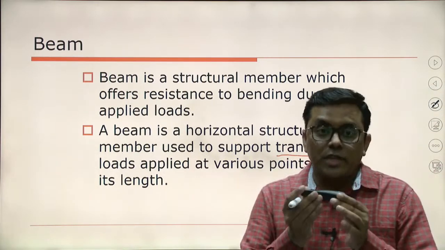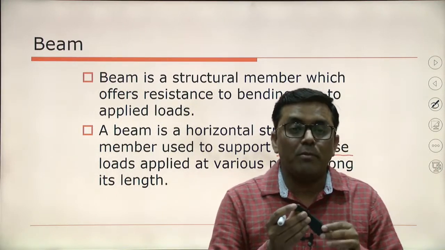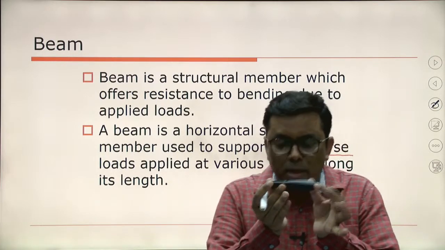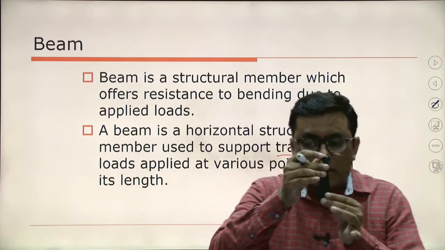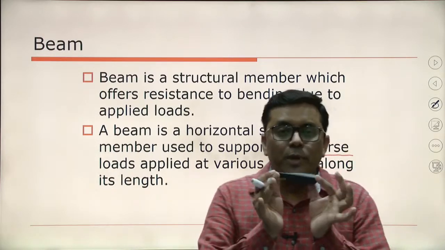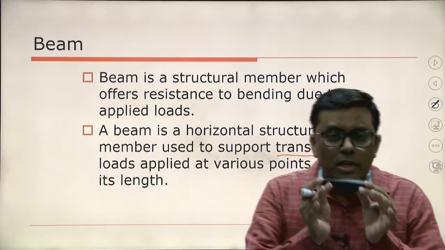In a structure we can find many types of members which support load. It can be a horizontal structural member, a vertical structural member, or an inclined structural member, and these different structural members can be subjected to different loads.